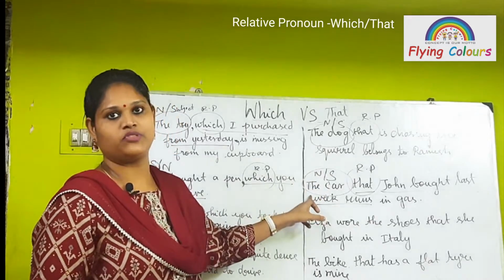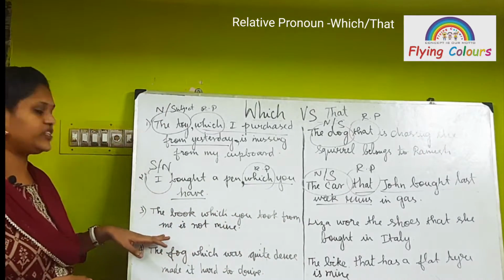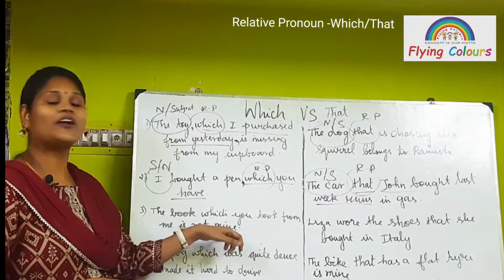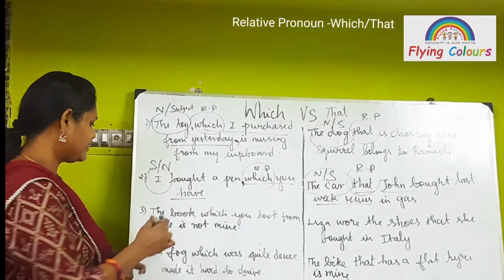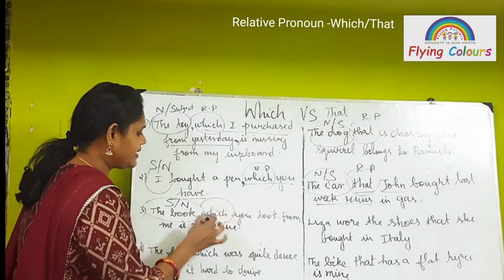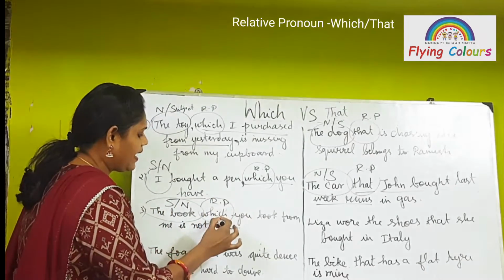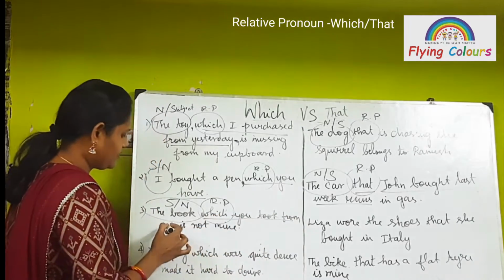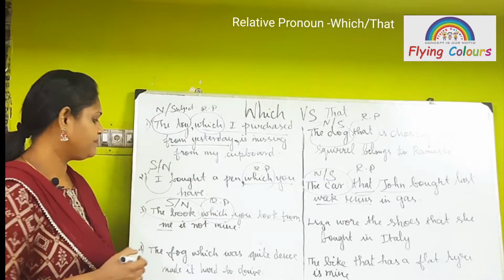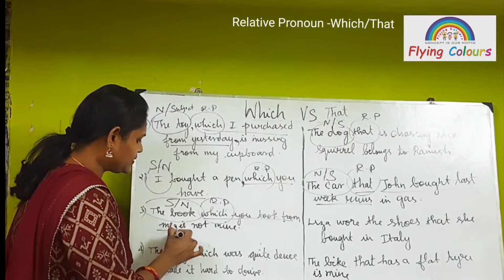So coming to which again: The book which you took from me is not mine. Again, the book is the subject as well as the noun, which is the relative pronoun, and which you took from me is a non-essential clause. We can set this off with commas.